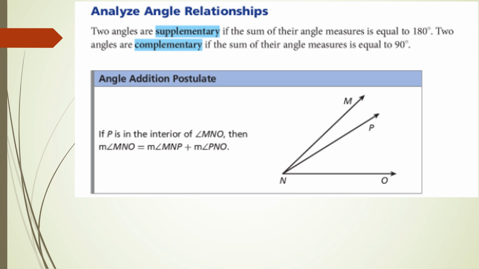If you have an angle that measures exactly 180 degrees, the combination of two angles or three angles, or any single angle which adds up to 180 degrees, is said to be supplementary angles, and if the sum of the angle measures equals 90 degrees, they are said to be complementary angles.